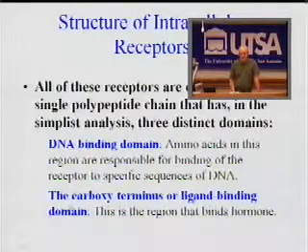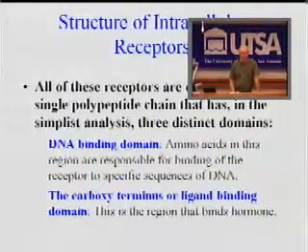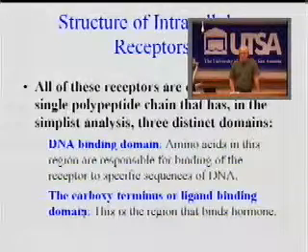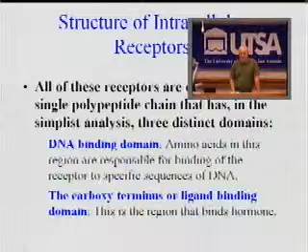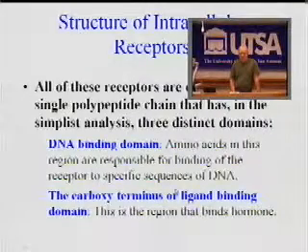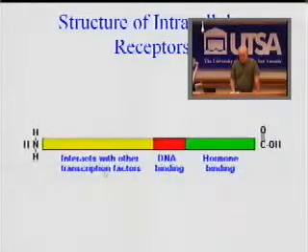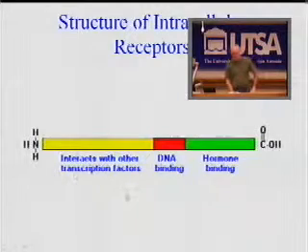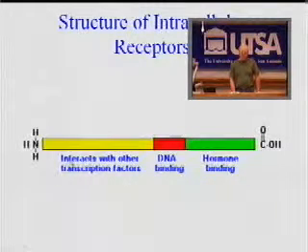The carboxy terminus is typically the ligand binding domain. So ligand binds to one end, and there's conformational change. The DNA binding domain is exposed, as we'll see, and then the amino terminal end is available to interact with other transcription factors. So here we see it in a structure, yellow, red, and green.